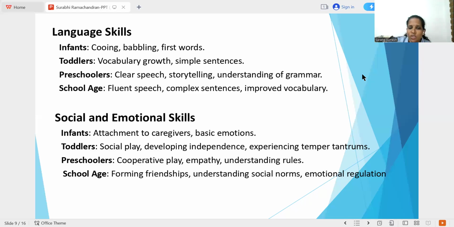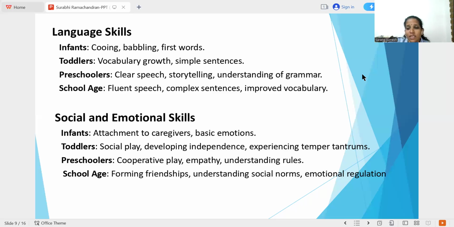In social and emotional skills, infants: attachment to caregivers and basic emotions. In infants, they will focus on their caregivers only. They will be afraid of strangers. So social and emotional skills develop in infants, especially they will recognize their caregivers. Toddlers: social play, developing independence and experiencing temper tantrums.